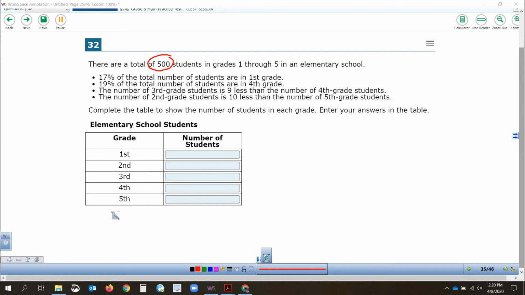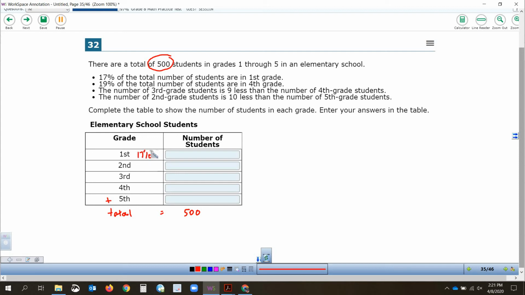Now, they did not give us a total row here, so I'm going to go ahead and write it in. So first, second, third, fourth, and fifth all added together is going to give us the total. And we know that that total is 500. Okay, we don't know how many are in first or second or third or fourth or fifth, but we know that the total is 500. What else did they tell us? 17% are in first grade.